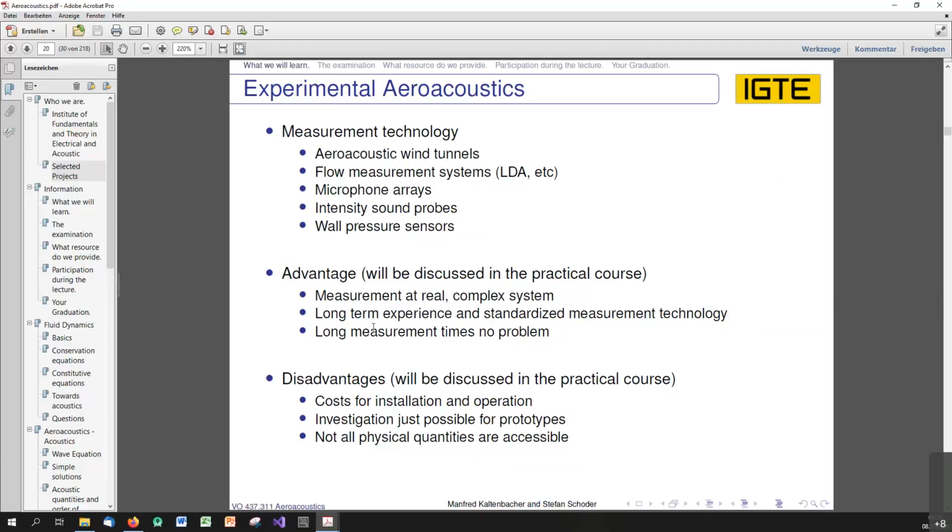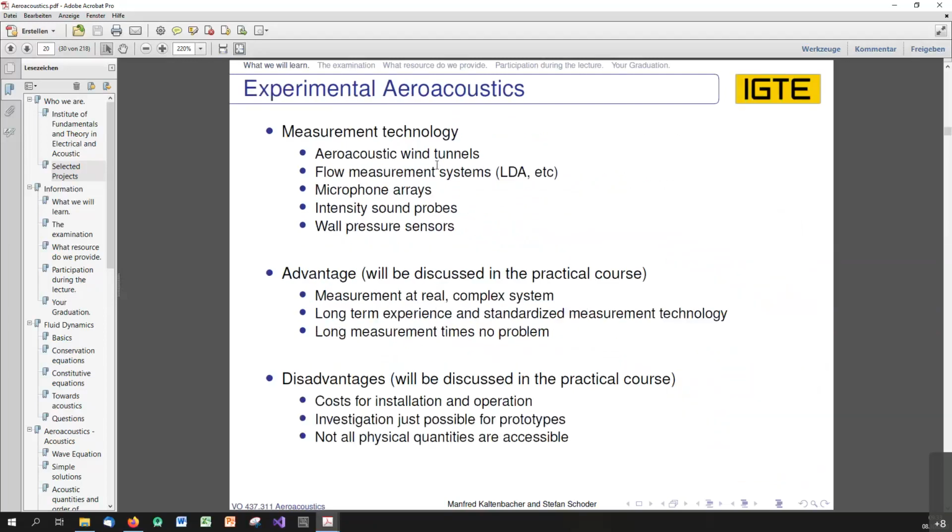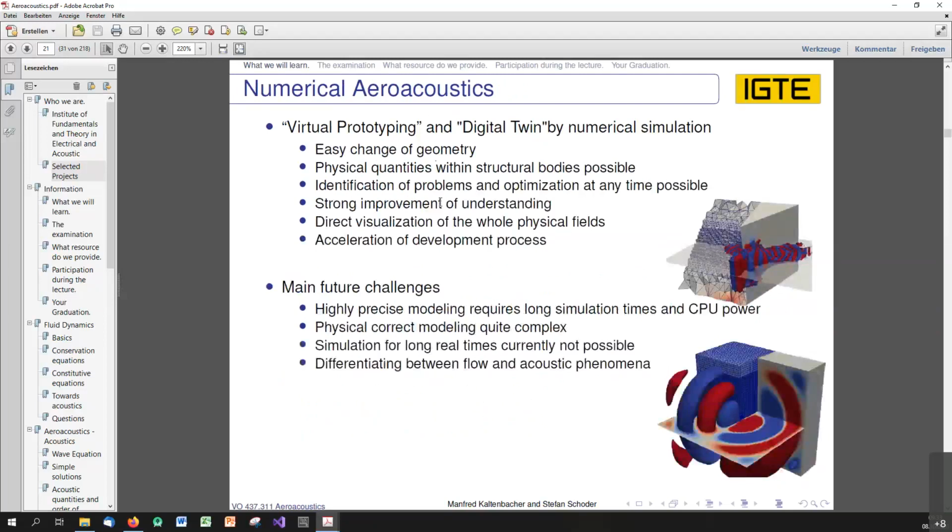Then we will discuss their advantages and disadvantages. In connection to the experimental approach, we will also discuss the numerical approach, virtual prototyping and digital twins. The comparison of the experimental and numerical approaches will be covered in the exercises.